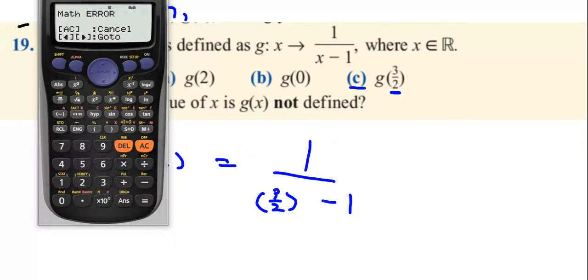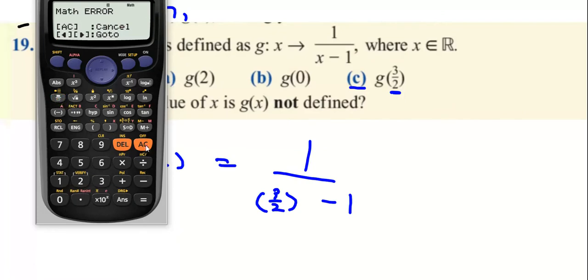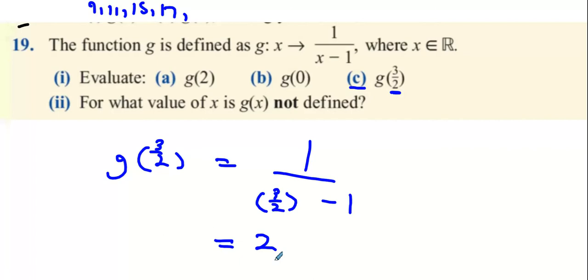Press the fraction button. Press 1. Press the fraction button again. Put 3/2 in. Press the right button and then take away 1. And the answer is 2. I don't think that's particularly hard, is it? No. 9, 11, 15, 17, 19.